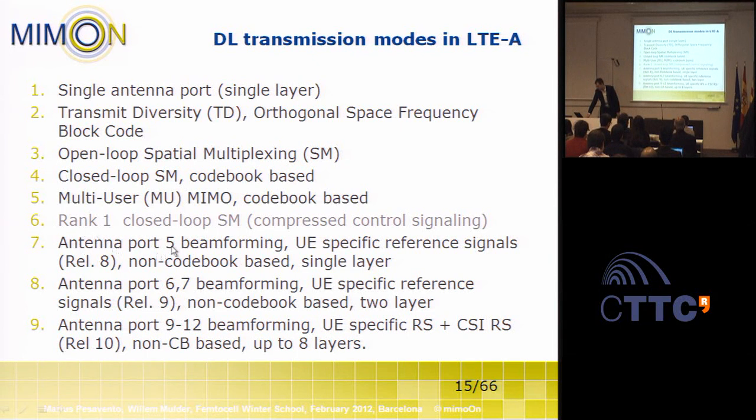We have a special mode for the case that we have a rank 1 channel, but the real MIMO modes, or higher order MIMO modes, are facilitated in modes 7 to 9.